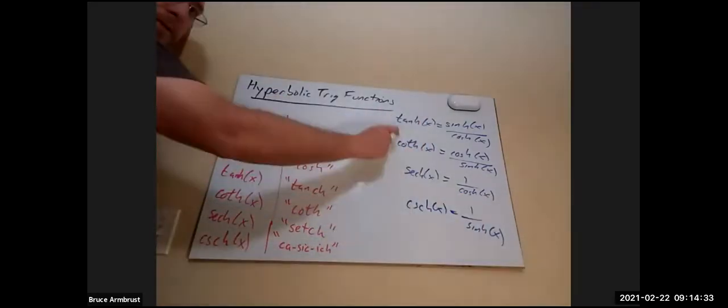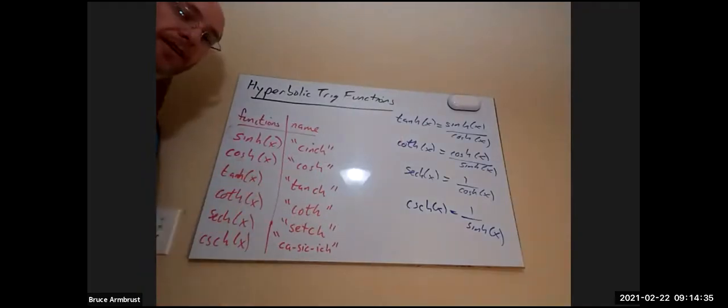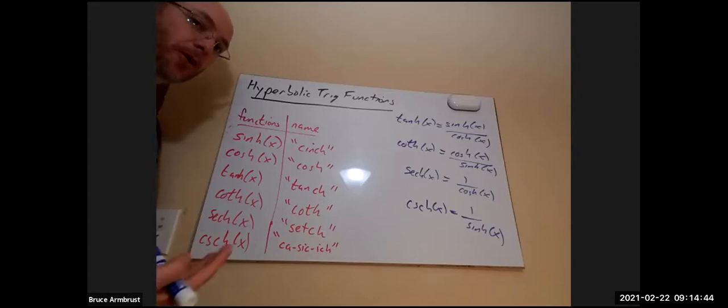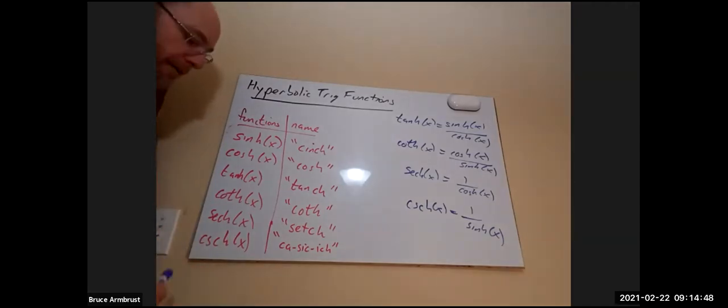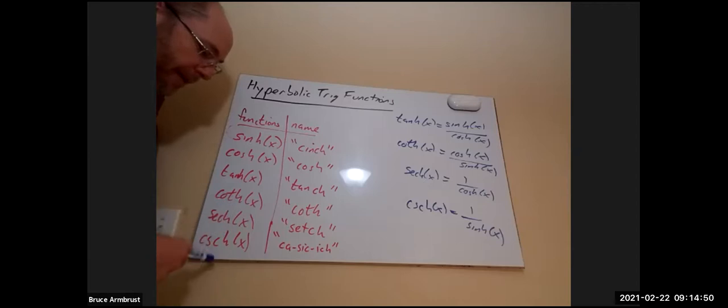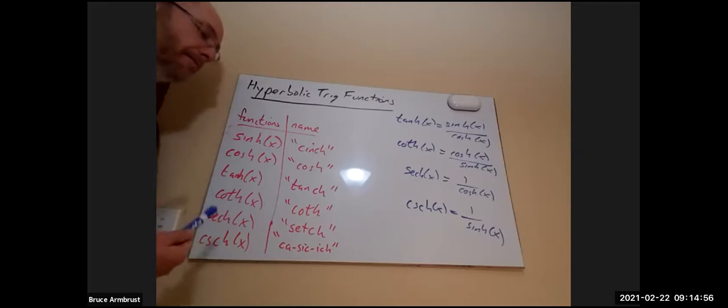So if those look a little familiar, they should, because those are exactly the same ratios as we had for the regular trig functions. So what that means for us actually is that we don't really have to worry about a lot of the tanh and sech and things like that. Really, we need to know sinh and cosh.